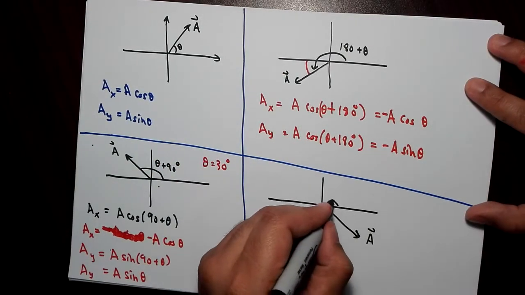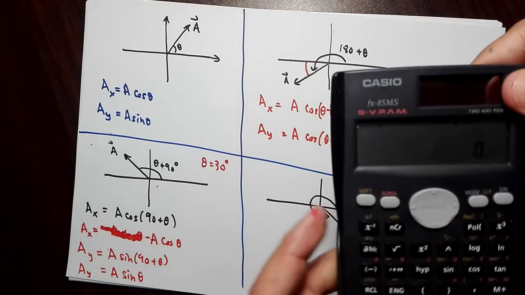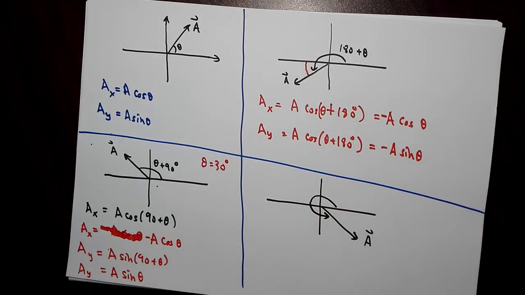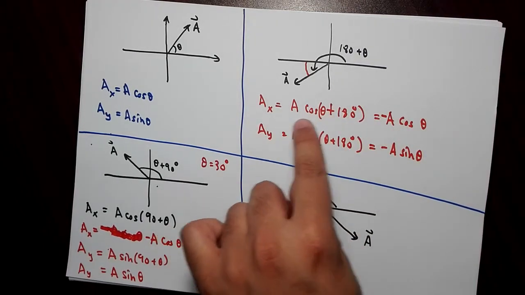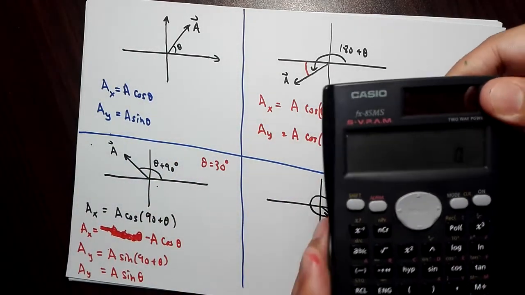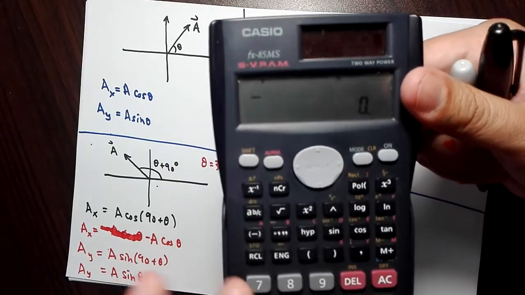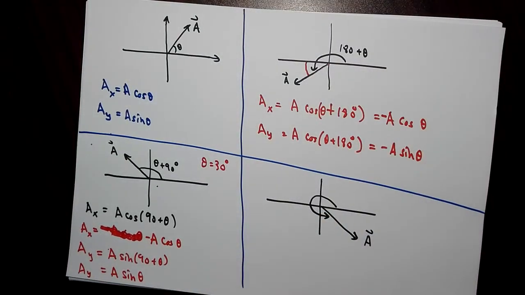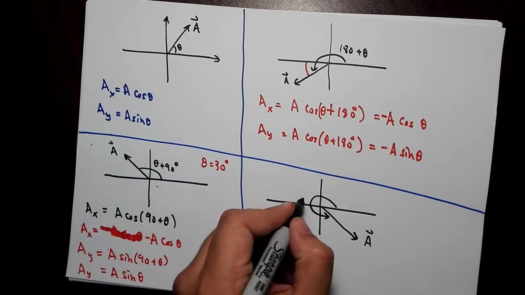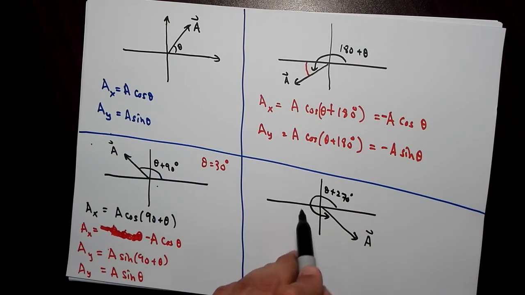You're still measuring your angle relative to this. So you get now 270 plus 30, right? Again, this is an example. We can also use the trigonometric relationship of cosine A plus B, but I'm just using the calculator as an example, okay? Now we added, this angle is theta plus 270 degrees. This whole thing.